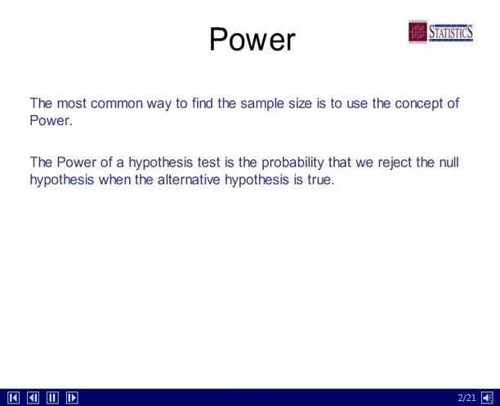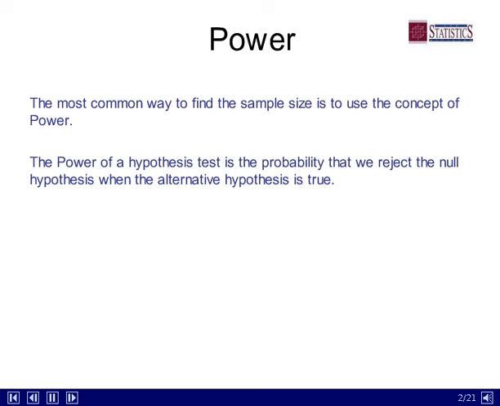The most common way to find sample size is to use the concept of power. Now, power refers to the probability that we reject the null hypothesis when the null hypothesis is true. So let's suppose that you're looking at a one-sample mean test, and the null hypothesis that you're on target, and the alternative hypothesis that you've shifted.